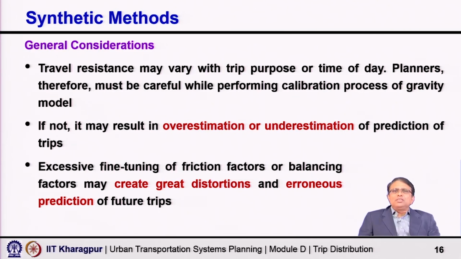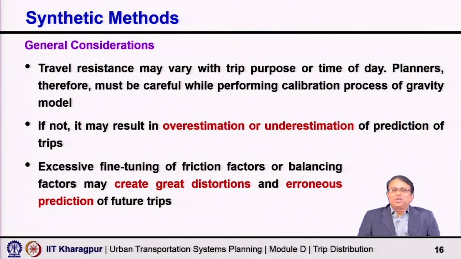Then another thing, remember, this is true for gravity models and for any other models we are doing: we should not do too much tuning of the model. The problem is that these days, with computers, you can match everything with a high level of accuracy, number to number, cell to cell.